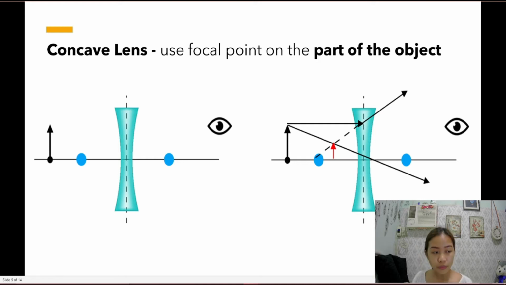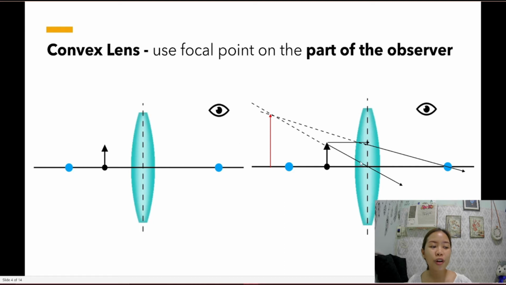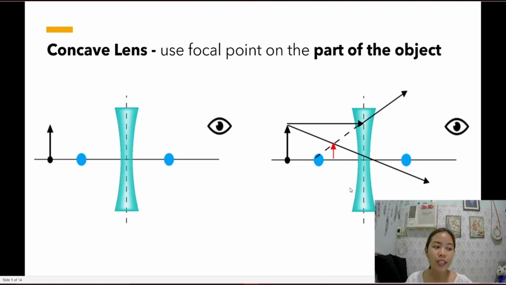So, if we're going to take a look here in our presentation, so kung kagina kay convex lens, gina-use naton ang focal point on the side of the observer. This time, may use kita sa focal point on the part of the object. Nga kaya ang iyang thicker nga lens is on the side. So meaning kung diin ang damol gani nga part sa lens, dira na siya makadto ang light ray.